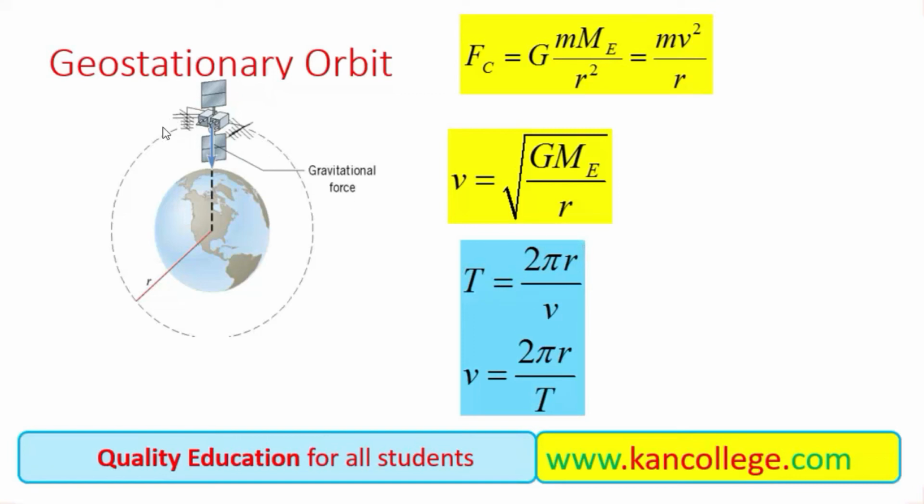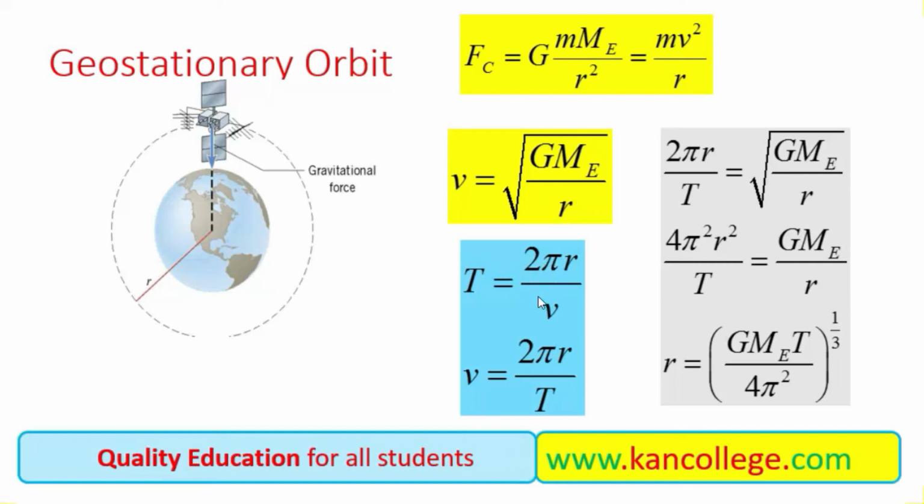How much distance does the satellite cover? 2 pi r, a complete circle, and the speed is given by this formula. It means the speed formula is v equal to 2 pi r over T, and from here we can calculate the capital T, the time period.